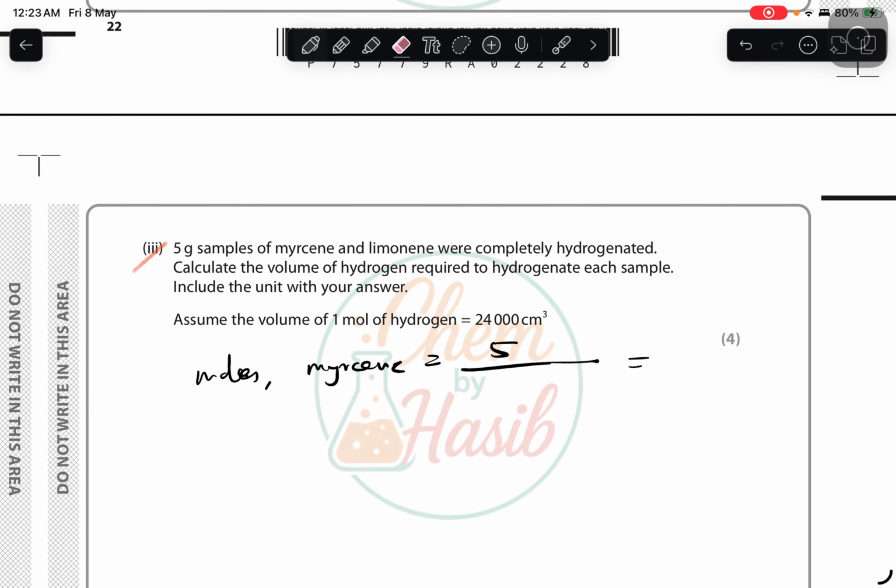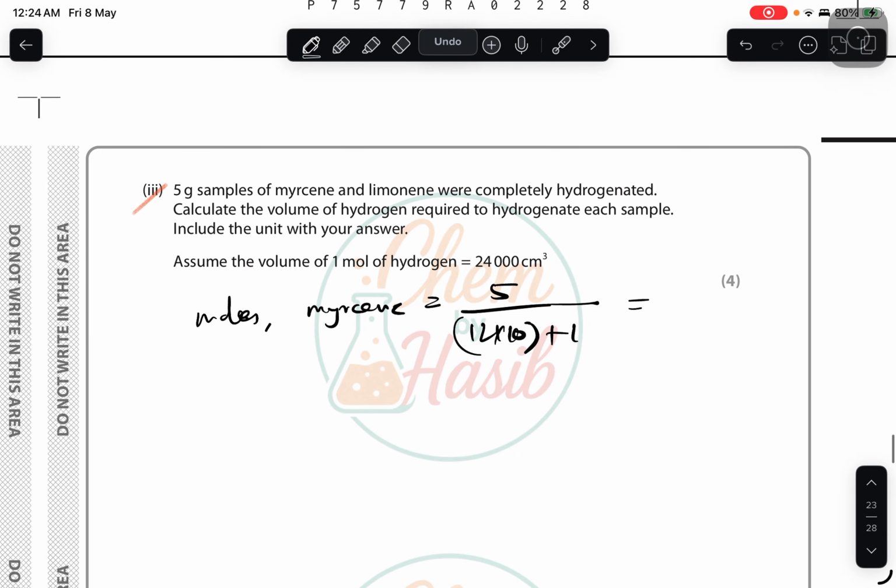So this would be 12 into 10 plus 16. This would be the molar mass of myrcene, 12 into 10. This would be 120 plus 16 is 136. So 5 divided by 136 will give you 0.4044. All right, this would be the moles of myrcene.